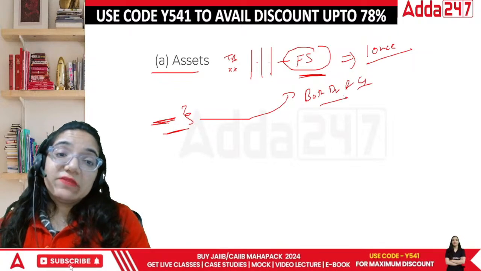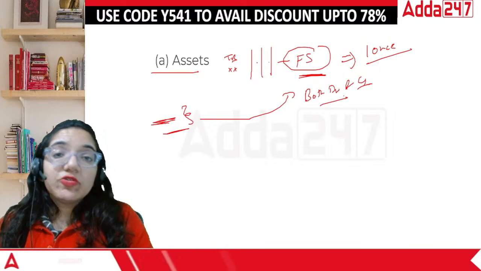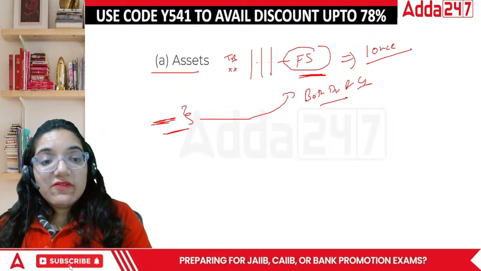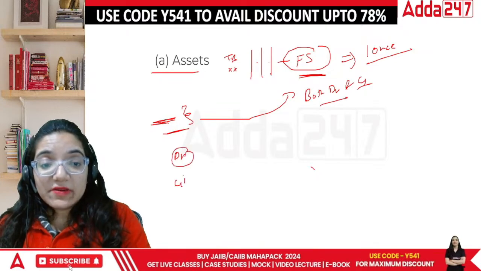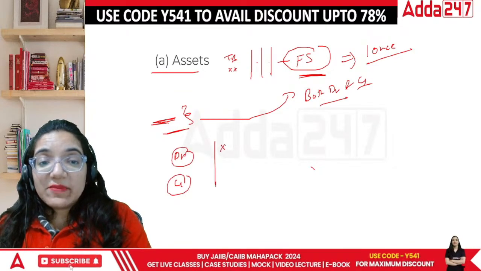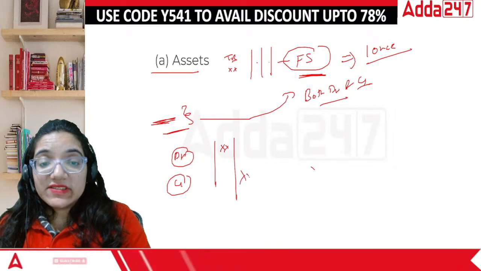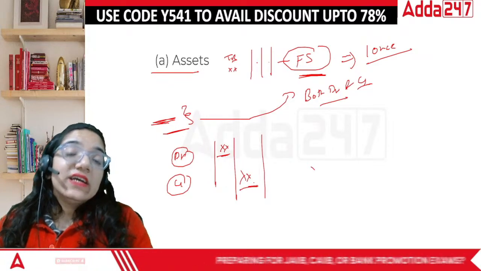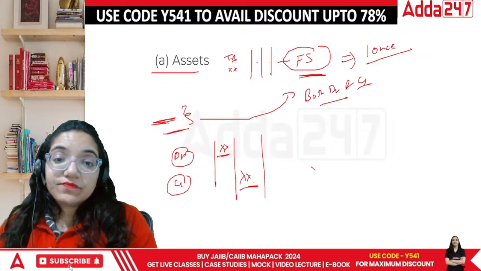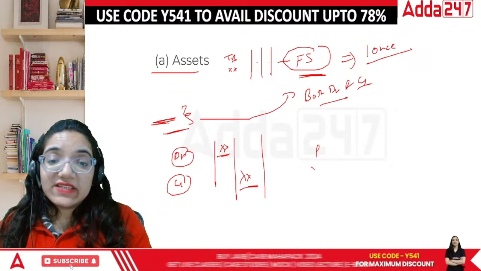If you're preparing from the trial balance, you don't do it. Simple reason: everything has two aspects, the debit item and the credit item. In the trial balance, the debit item is here and the credit item is here. So technically, the items are already accounted for. So we just present it.